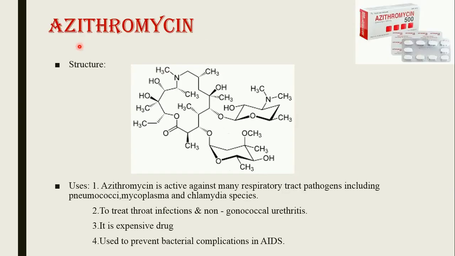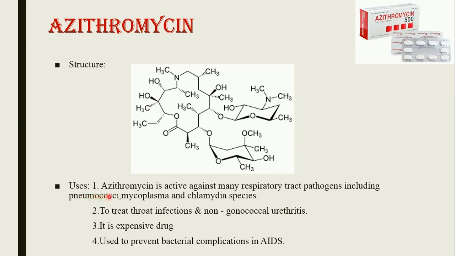The next drug under macrolides is azithromycin, which is one of the important drugs used for various bacterial infections. The structure of azithromycin includes the lactone ring, and two deoxy sugars are attached to the lactone ring with various substitutions.